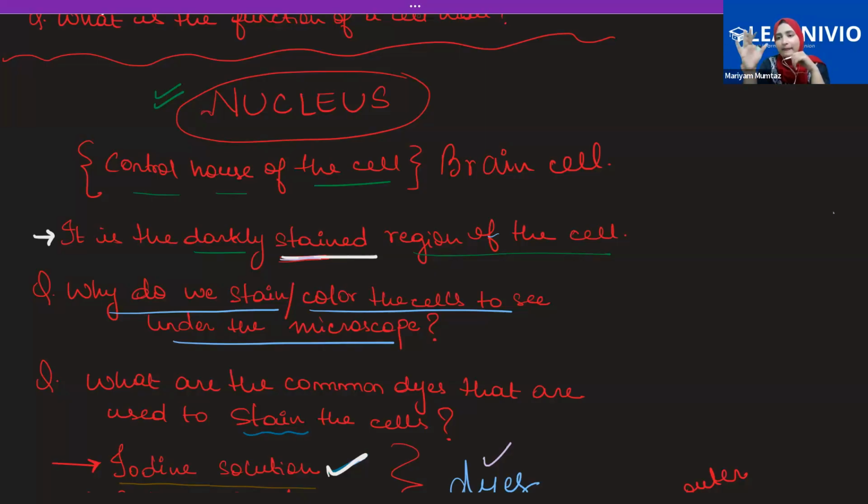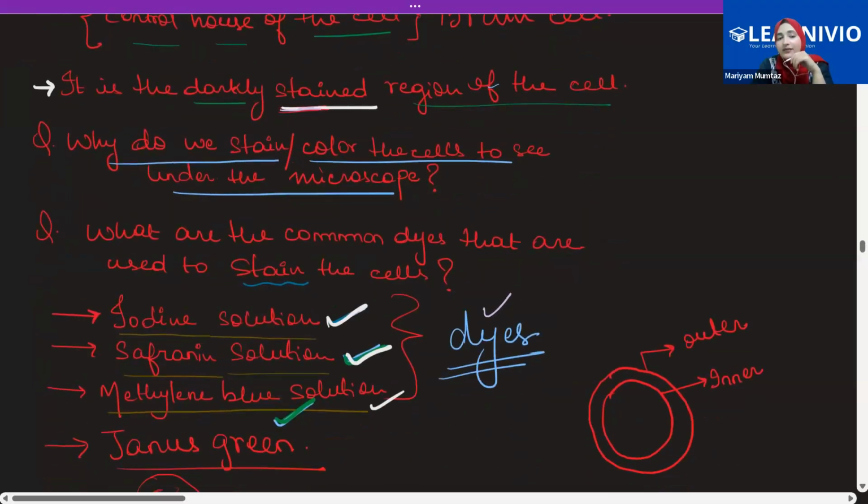They do not have any color on them. So when we want to see them under the microscope, we have to give them a color so that we will be able to see them. So we stain the cells with the help of certain stains so that we can visualize them clearly.